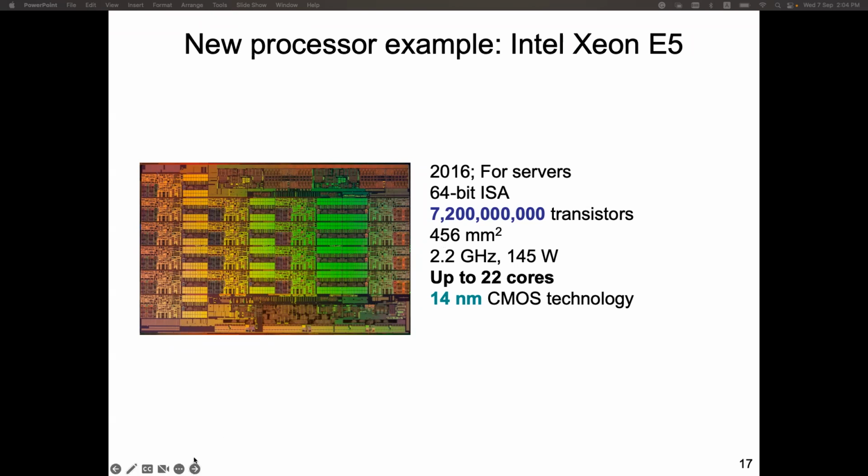Clock rate is 2.2 gigahertz. It consumes 145 watts of power. The main difference of modern processors from Pentium and before is that modern CPUs contain more than one core. So this one contains 22 cores. Any questions? It was fabricated in a 14 nanometer CMOS technology.